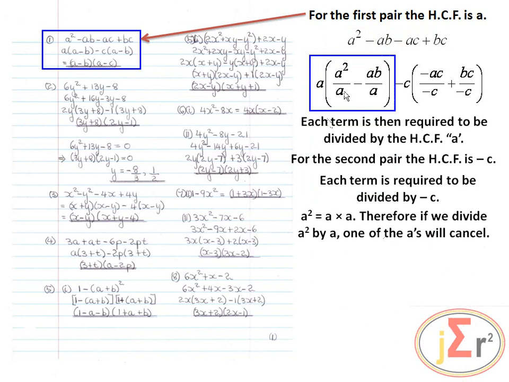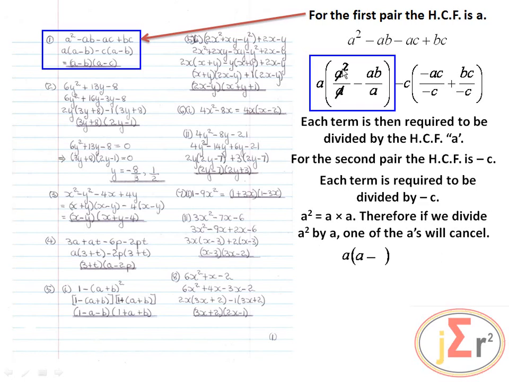So we will proceed to divide. We have a squared is equal to a multiplied by a. Therefore, if we divide a squared by a, one of the a's will cancel. So we have the common factor preceding the brackets.